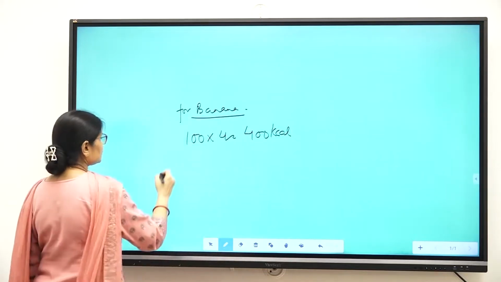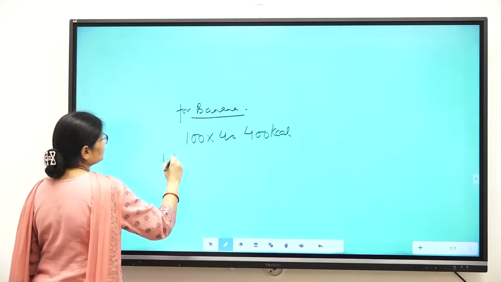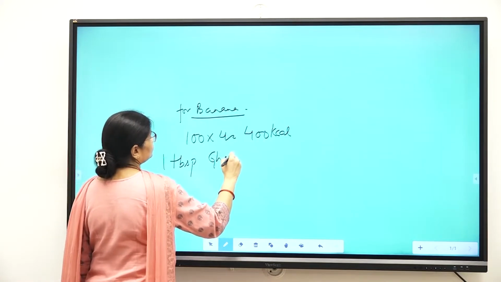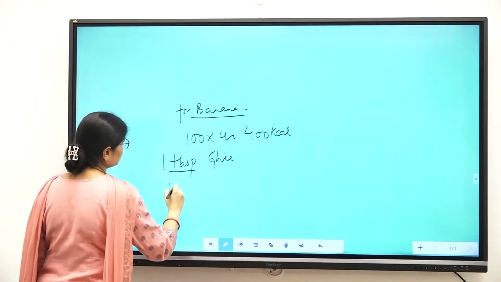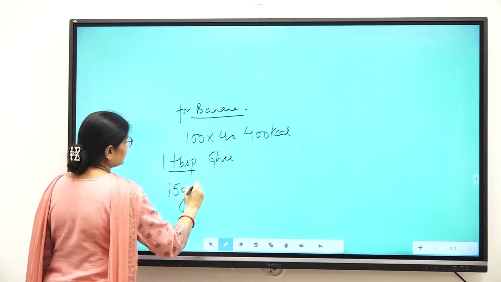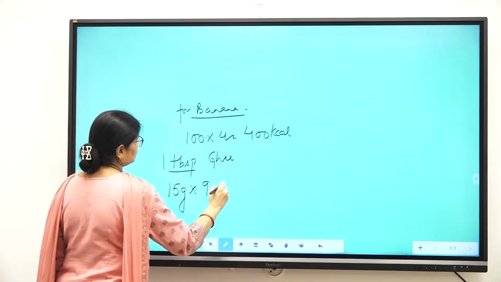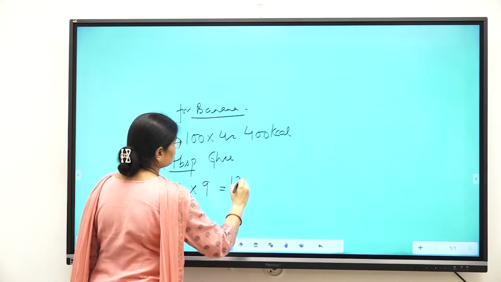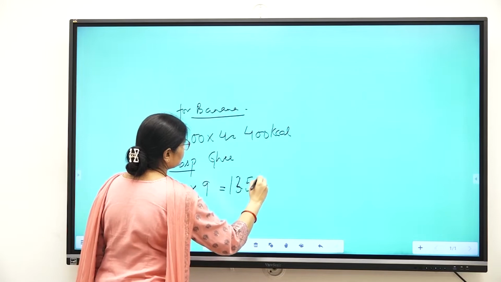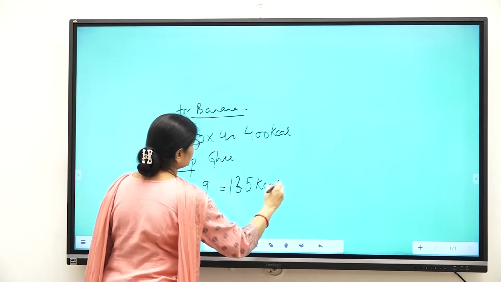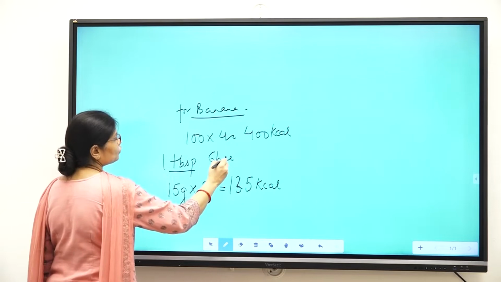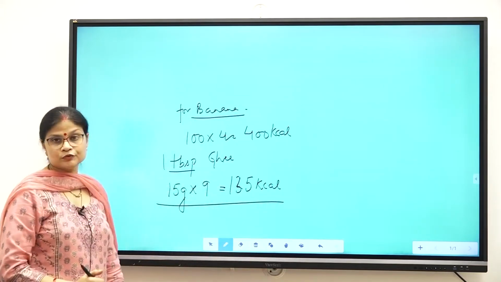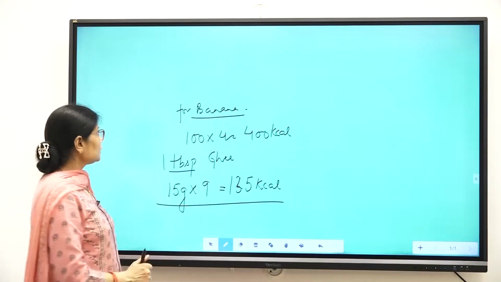Let us take another example. 1 tablespoon ghee. 1 tablespoon means 15 gram, and we will multiply it by 9, it will be 135 kilocalories. That means 1 tablespoon of ghee will give 135 kilocalories. Thank you.